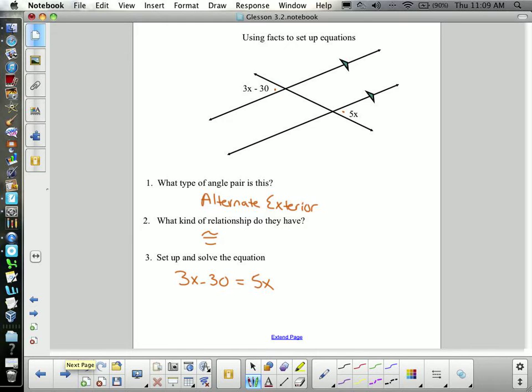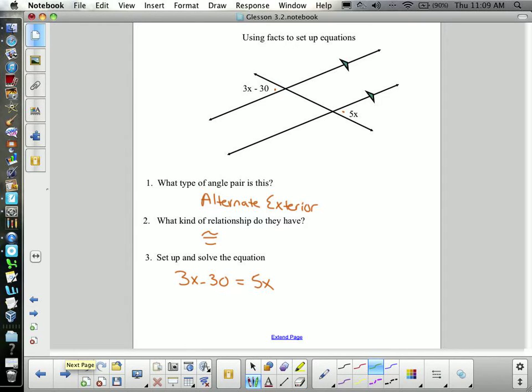And then we just do our algebra. And again, on a test or a quiz, if you can at least get to this point, you're guaranteed at least 1 out of 3 points, probably, maybe even 2, because you've identified things correctly and you've identified the correct relationship. We do have to do our algebra still to get all the way to the end. It's a little different in that I'm not going to do plus 30 to each side.